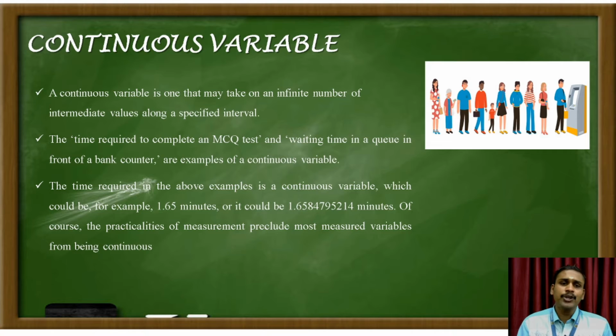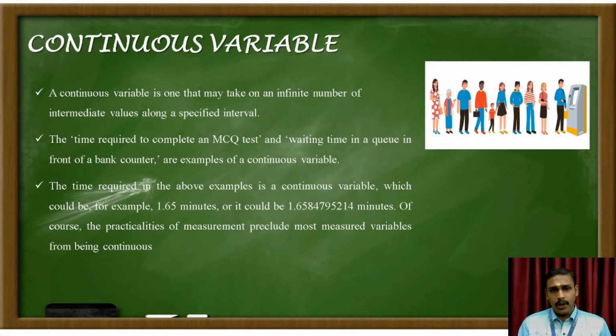The time required to complete an MCQ test and the waiting time in a queue in front of a bank counter are examples of this variable. I am going to write an example: within 60 minutes. Or how long should I wait? I can say 5 to 10 minutes. Within the time interval, that is called a continuous variable.